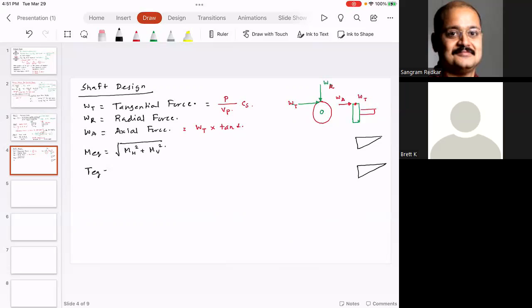And then you have to find out T equivalent, which is the square root of M equivalent square plus T square. And last but not least, tau is equal to T equivalent divided by pi by 32 times d to the power 4 times d by 2. So with this, you should be able to find out the value of diameter.